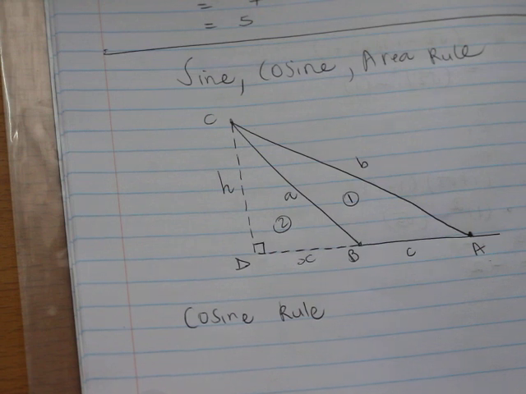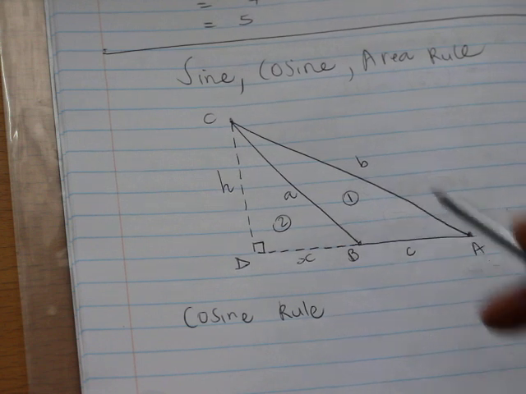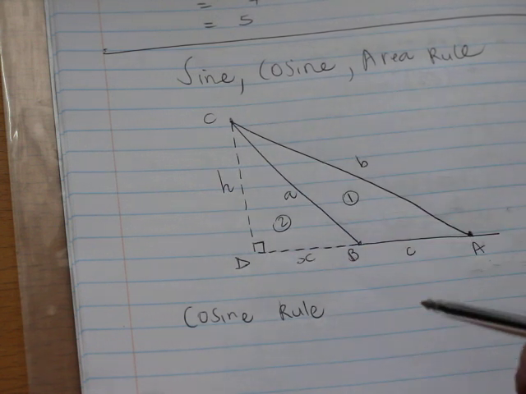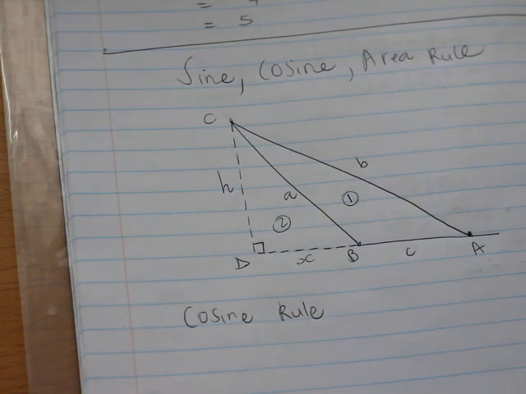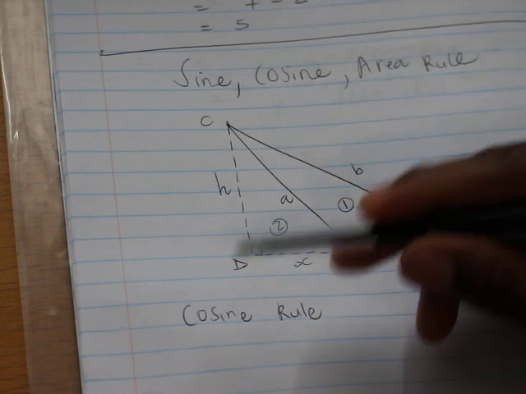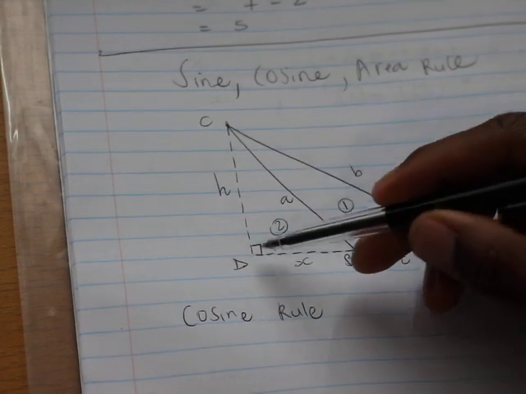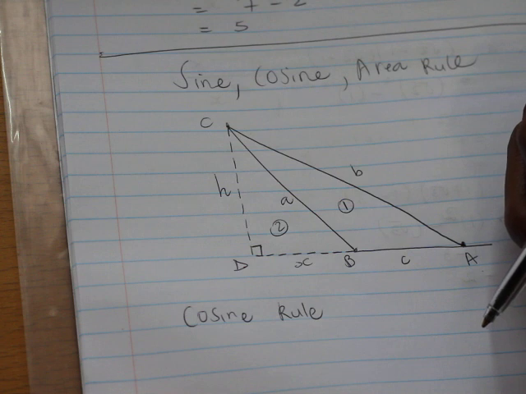So now let's express the Pythagoras theorem, starting with the triangle ACD, followed by the triangle BCD, which is triangle 2. So you can see that triangle ACD does have a right angle. In other words, now we can actually use Pythagoras theorem within that triangle.